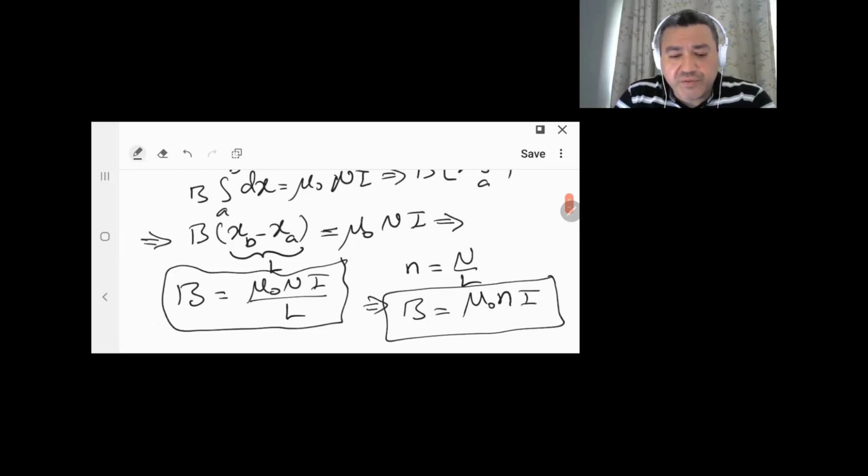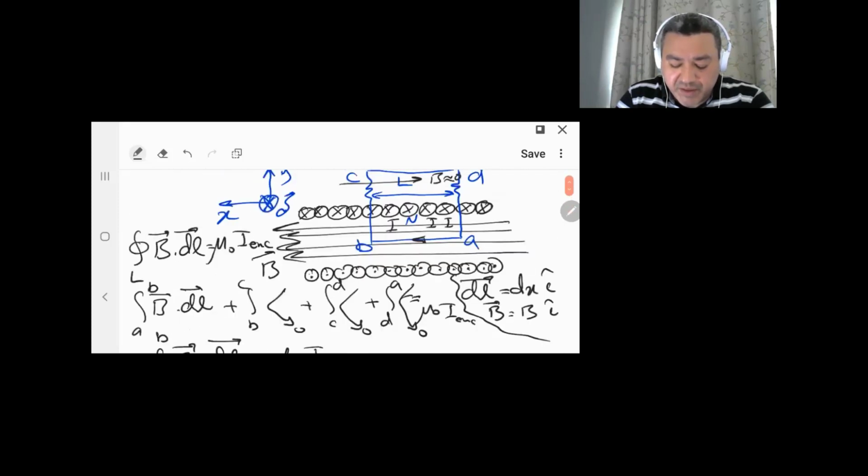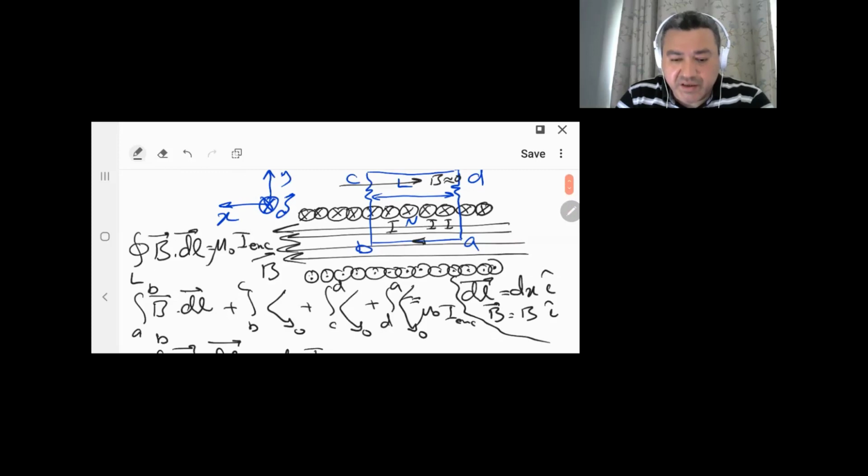The B is uniform. It's not a scalar. It is a magnetic field. It has a magnitude and it has a direction. Here the magnetic field is uniform and it's along the x-axis, but it's not a scalar. It is a vector field, a uniform vector field inside the solenoid, the core of the solenoid.